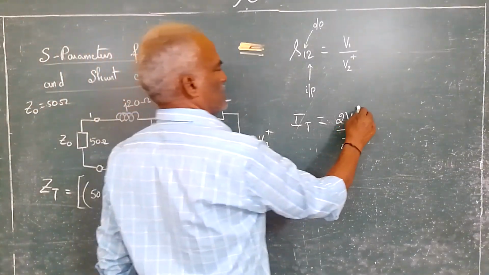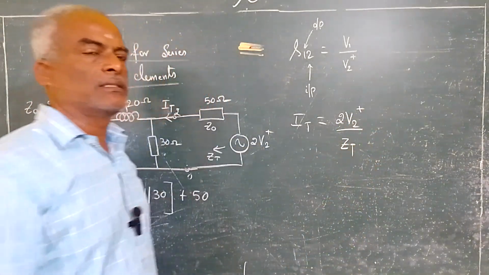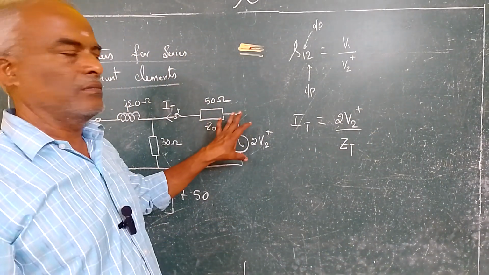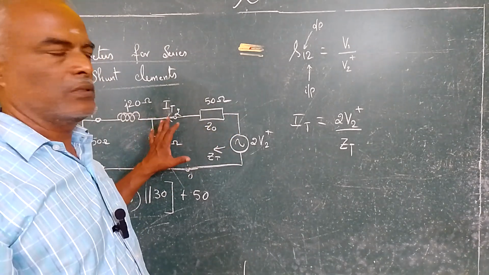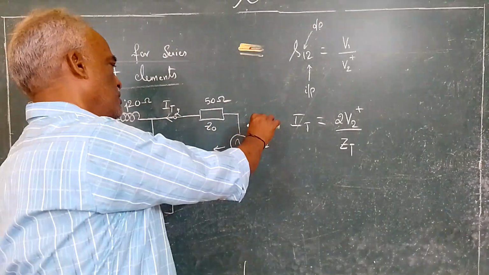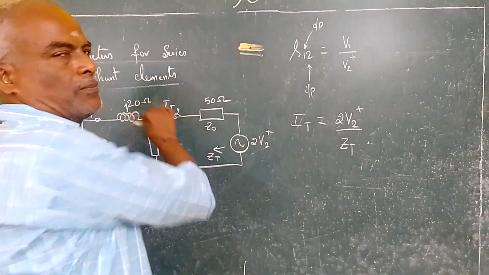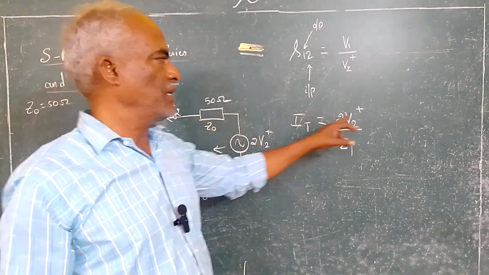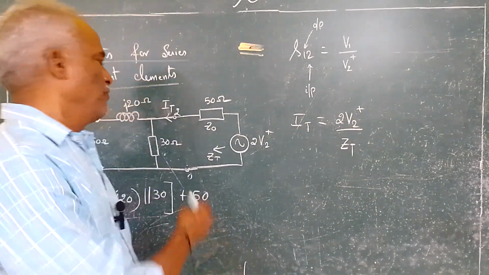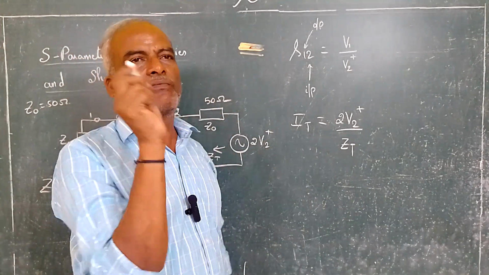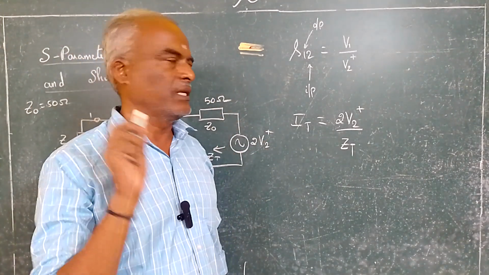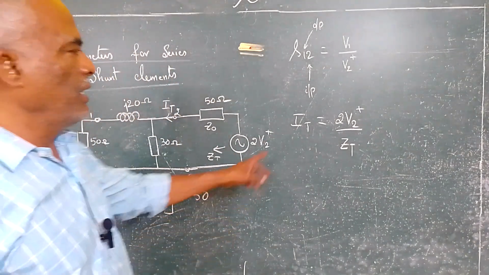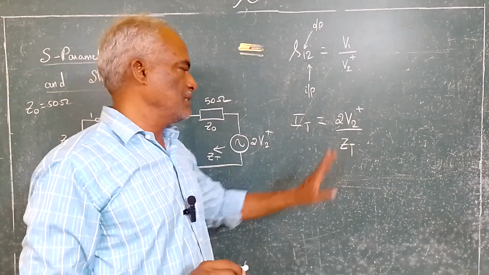If I say plus, we are feeding the 2-port network and the wave goes towards the port. The energy fed towards the port we indicate by plus. If you have some reflection, then it is denoted by minus. So IT is equal to 2V2 plus by Zt.